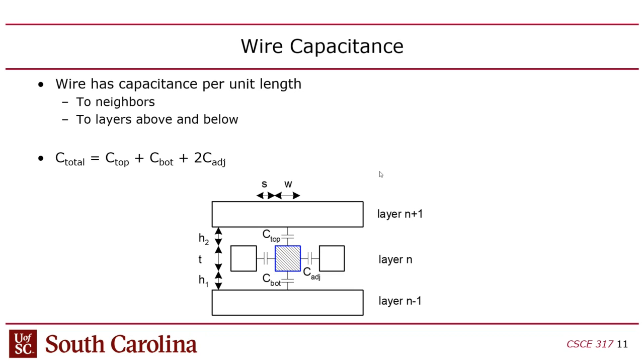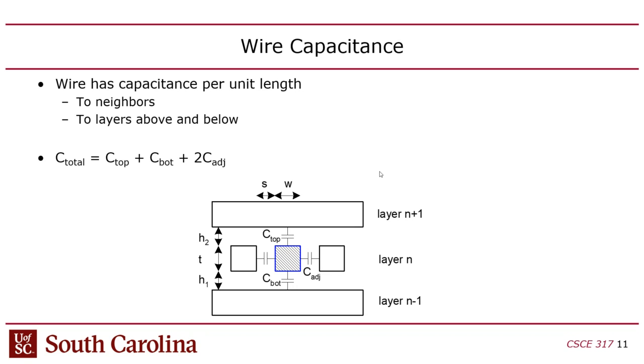As you can imagine, that is very hard to figure out because that is all dependent on the design. For example, the height, H sub 1 there, which is the height of the wire above the ground, layer n-1, assuming layer n-1 is a ground plane, would be dependent on what layer the wire is on, because there are multiple layers.